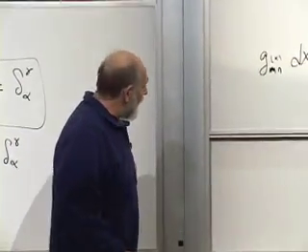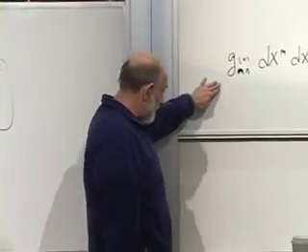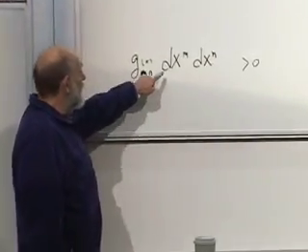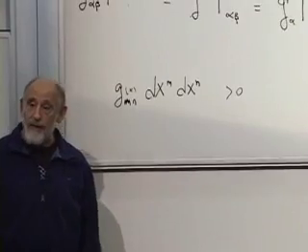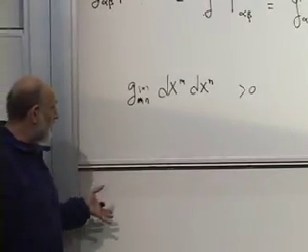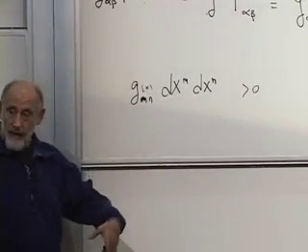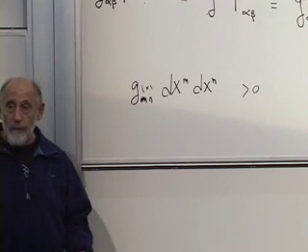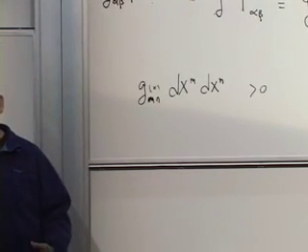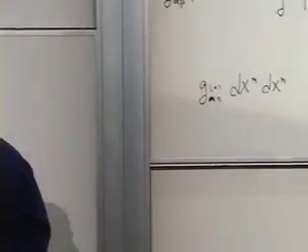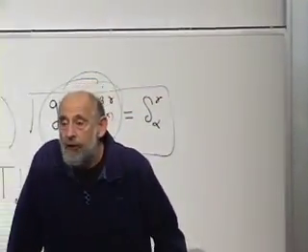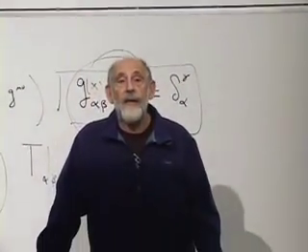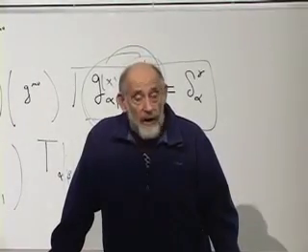Now, if you have a matrix which, when you multiply it on the left times a vector and on the right times the same vector, must be positive, then there's something you can say about that matrix. Does anybody know what it is? Positive definite. And that means exactly what?